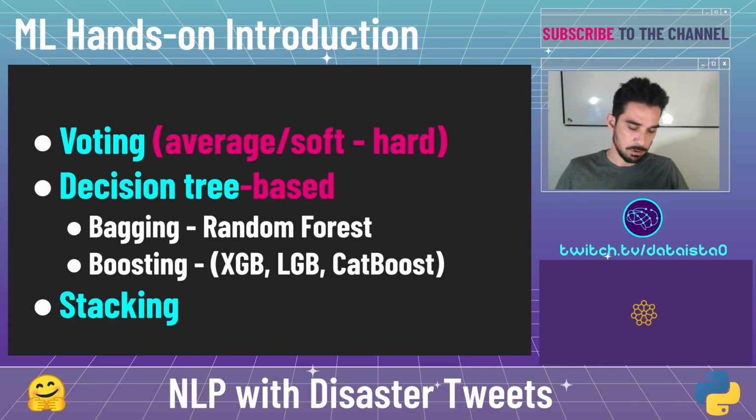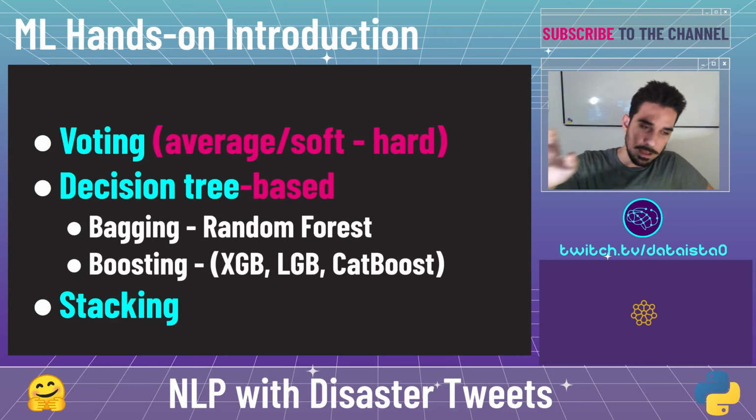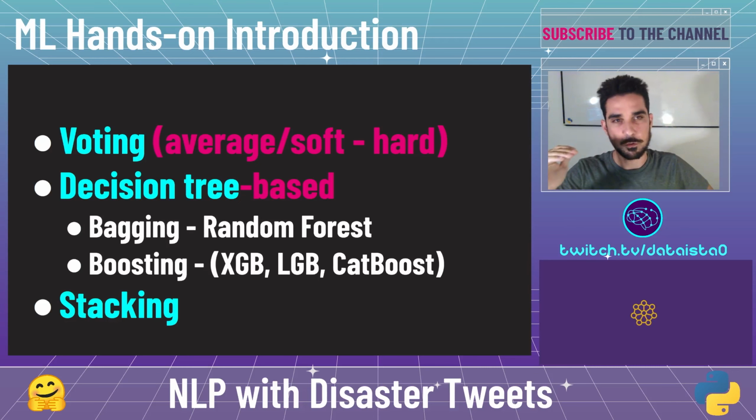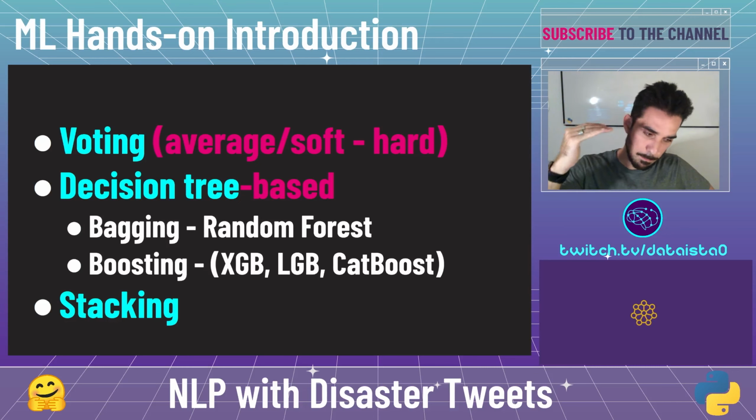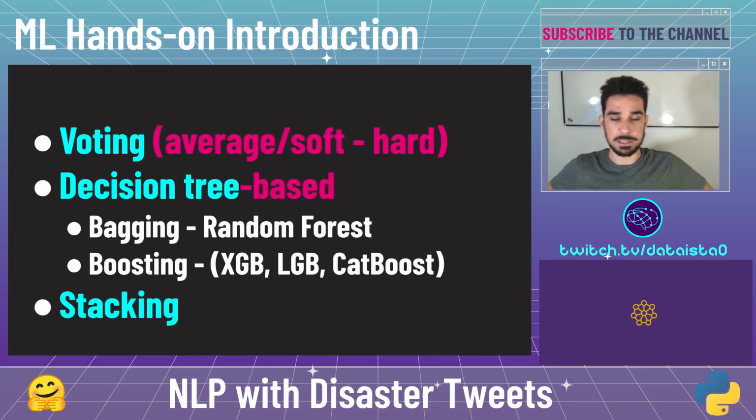This means all the hyperparameters of the models were set correctly and they are performing fairly similarly among them. Then this voting technique will boost the score a little bit. We're not talking about a large improvement. We are always talking about the last mile, let's say. This is voting.